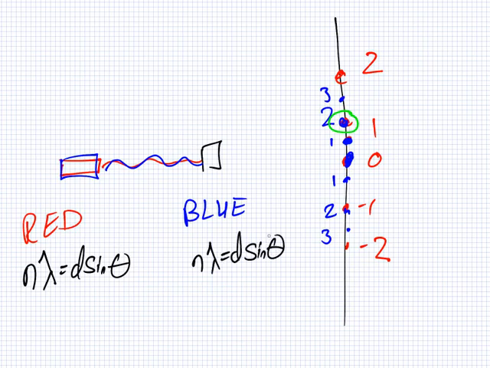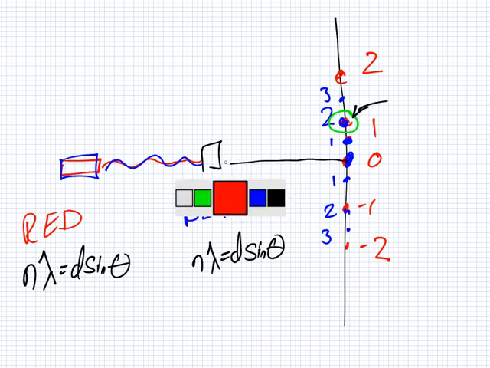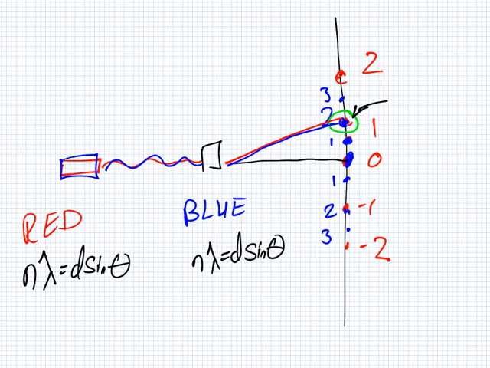Now there's some things you know that are the same. What's the same here? The d is the same, isn't it? And also where they meet, for the red and for the blue, what else is the same? Well, the theta is the same, isn't it? So the theta and the d are both the same.